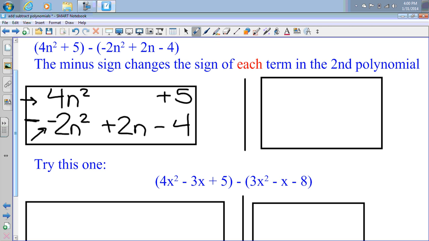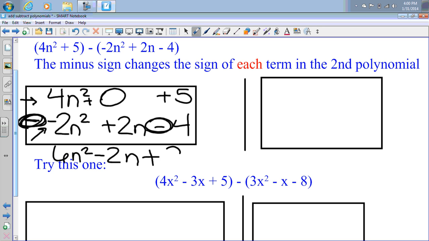Minus a negative becomes plus. This is why when I do the other way, you might want to do this. This becomes 6n squared. 0, maybe you want to fill in with zeros. 0 minus 2 is negative 2n, and then 5 minus negative 4 becomes 5 plus 4, so that's plus 9.